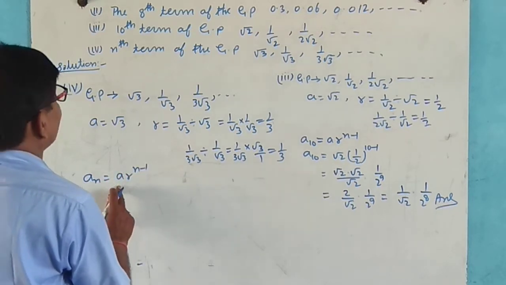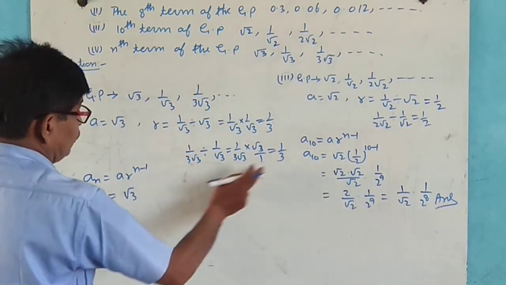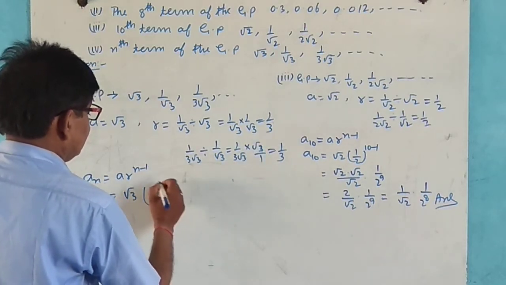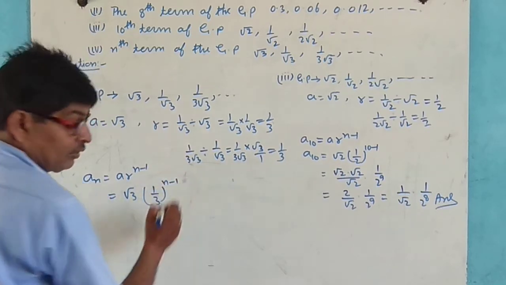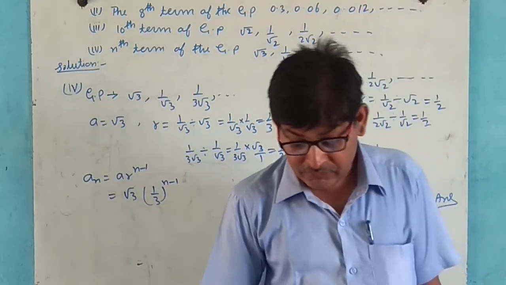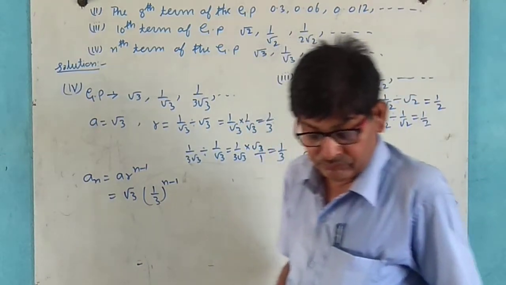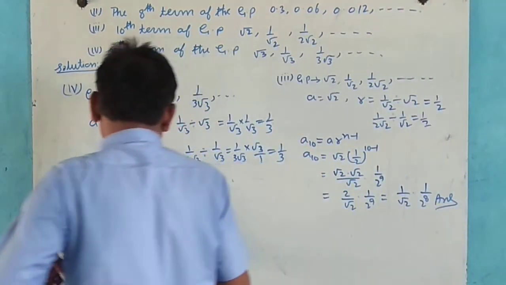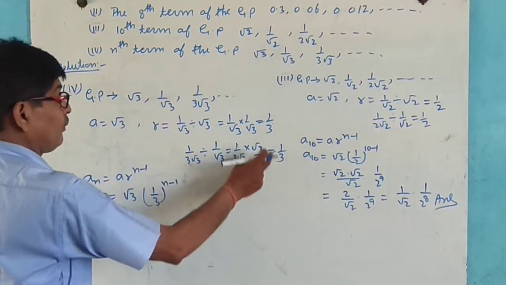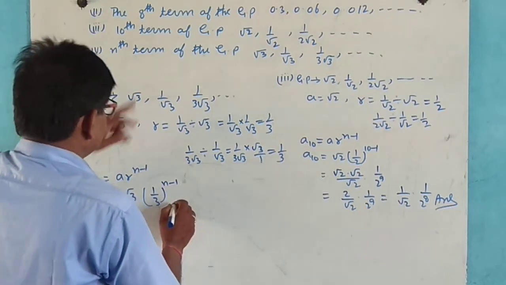Here a equals root 3 and r equals 1 by 3, to the power n minus 1. This is the nth term of this series.